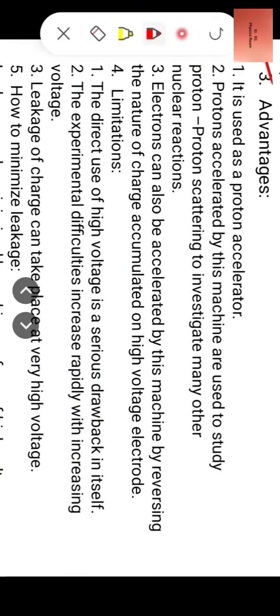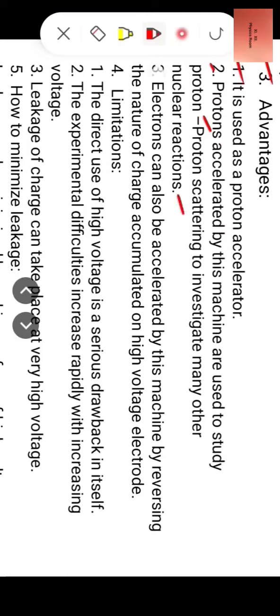3. Advantages. Number 1, it is used as a proton accelerator. Number 2, protons accelerated by this machine are used to study proton-proton scattering to investigate many other nuclear reactions.